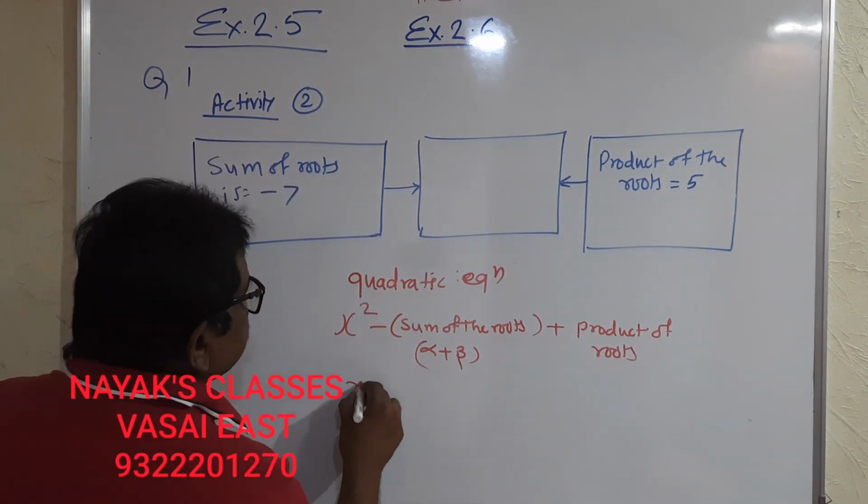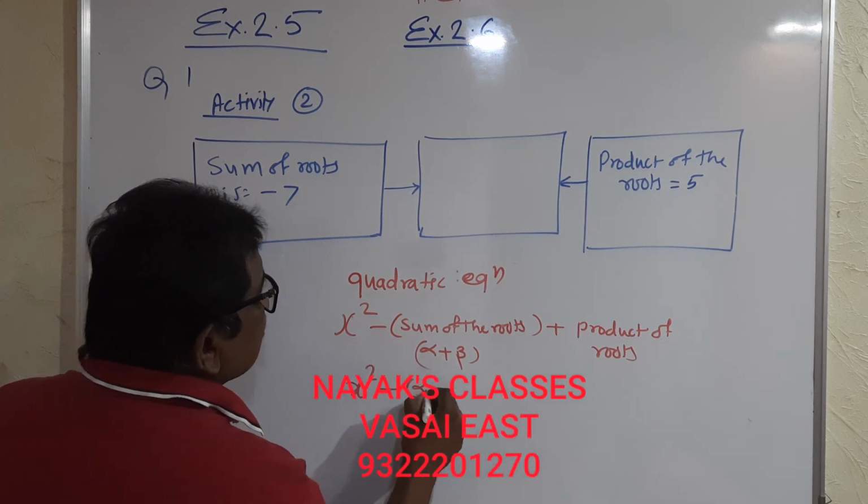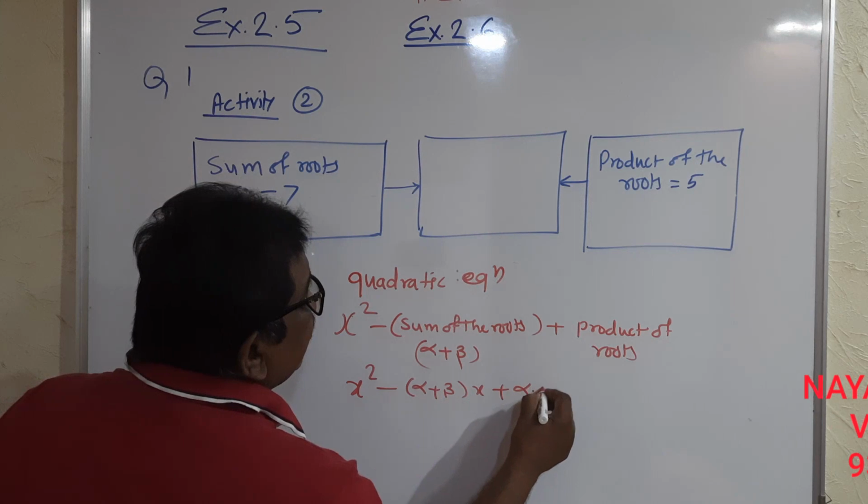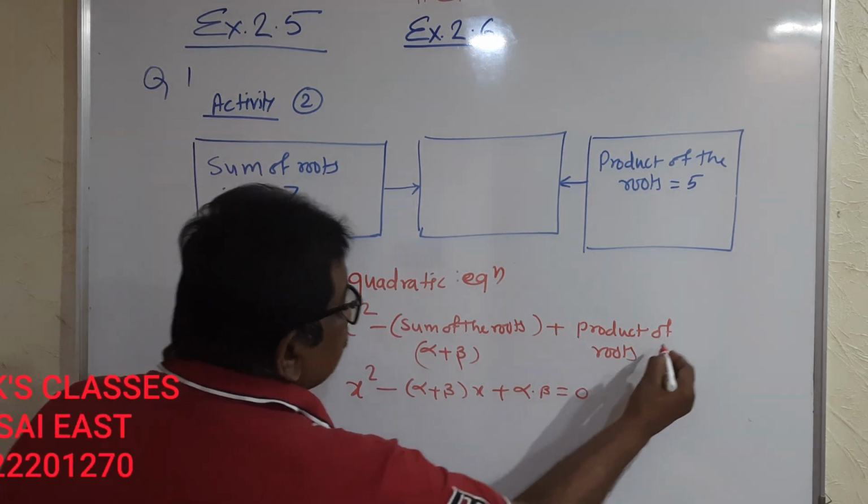In short, x square minus alpha plus beta x plus alpha into beta is equal to 0.